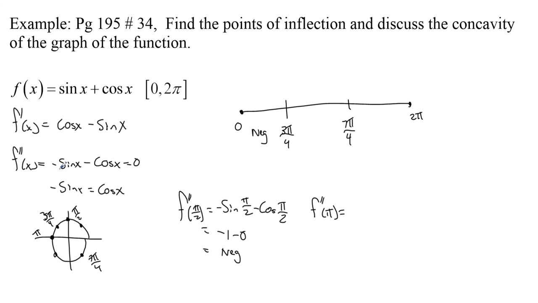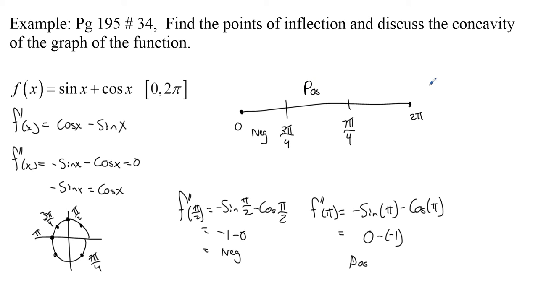So f double prime of π gives negative sine of π minus the cosine of π. The sine of π is 0. The cosine of π is -1, so I get minus -1. That's going to be a positive. So I get a positive here.